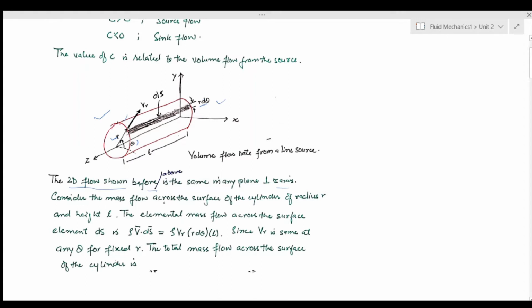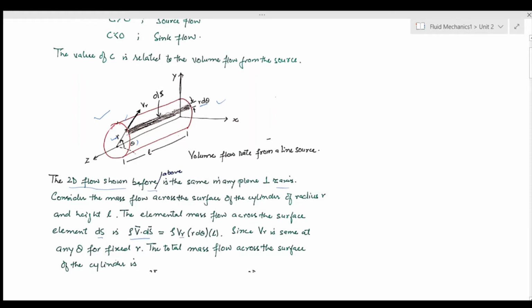So consider the mass flow across the surface of a cylinder of radius r and height L. The elemental mass flow across the surface element ds would be rho v dot ds. Rho v dot ds would give us the mass flow rate. We know what our v is: v is equal to vr.